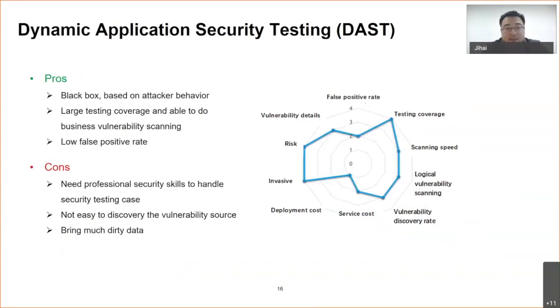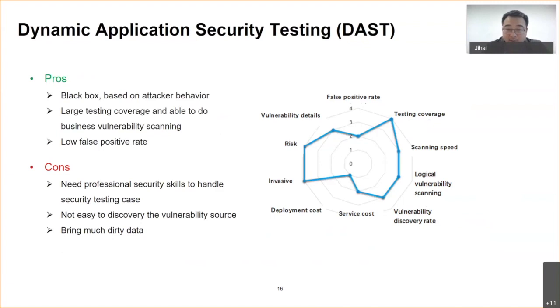The next tool is called the dynamic application security testing tool. We normally call this black box. It doesn't scan the source code. It tries to simulate the behavior of a hacker and attack your application to see any vulnerabilities.